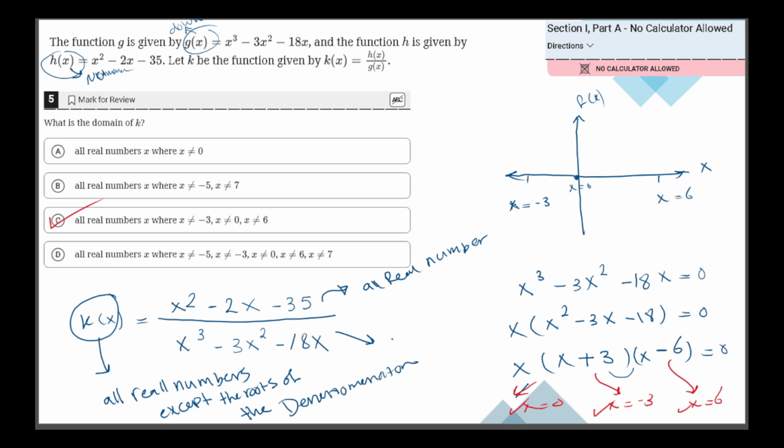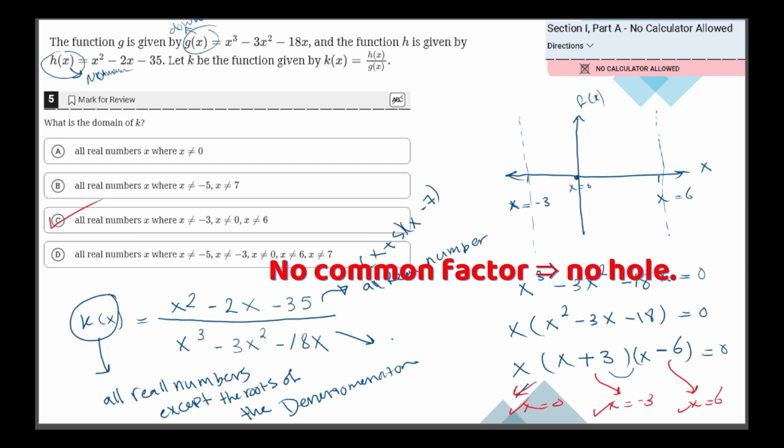In our case, there will be a vertical asymptote or a hole. The numerator can be factorized as x, what are both two numbers? The multiplication of them is negative 35 and the summation of them is negative 2. It is x plus 5 and x minus 7. Since there is no common factor between numerator and denominator, there is no hole.